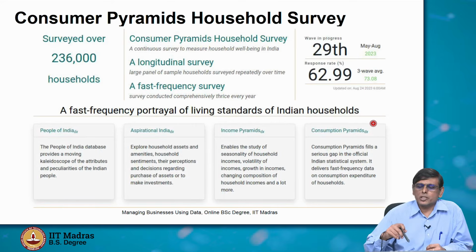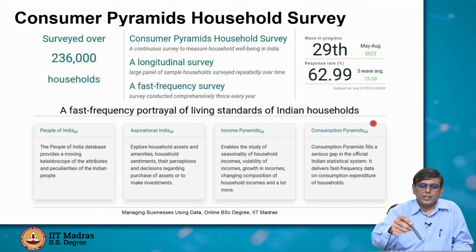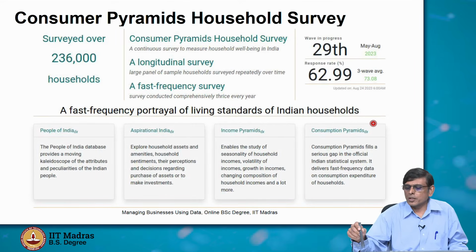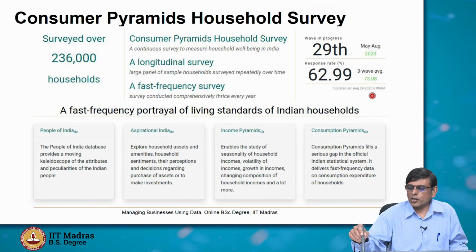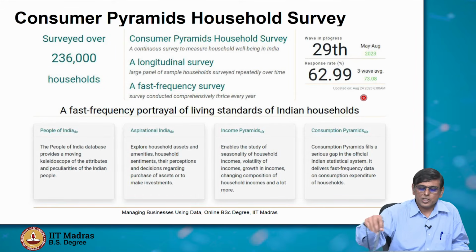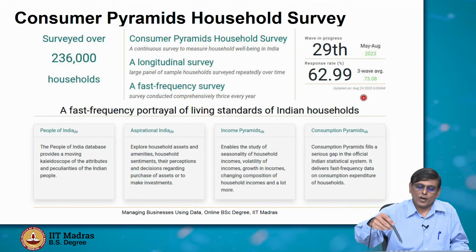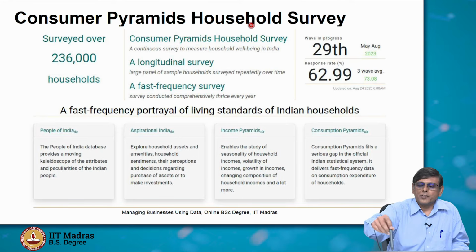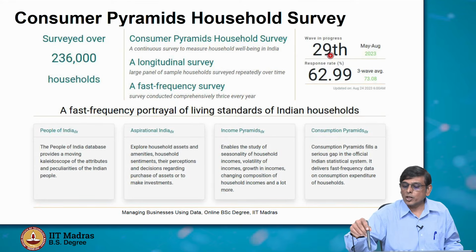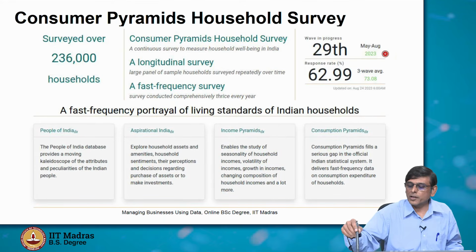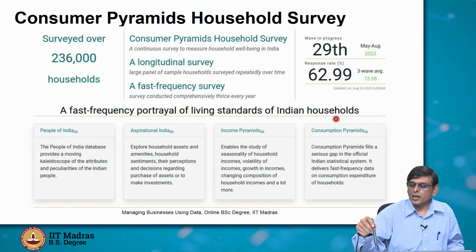So the Consumer Pyramids household survey of CMIE. This snapshot was taken August 21st, very recently from the date of recording. Basically we have 236,000 households. Right now the wave in progress is the 29th wave, which will go from May to August of 2023.